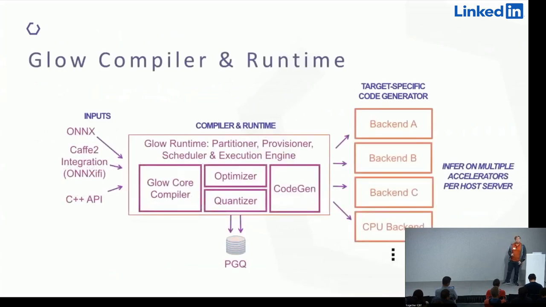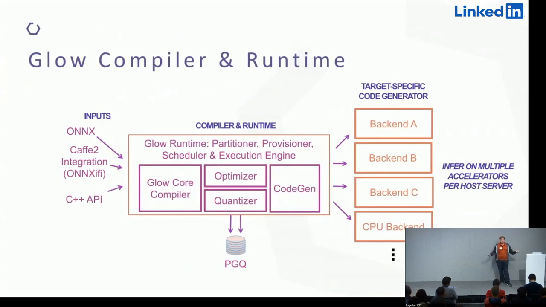So if you look at the architecture of Glow, it looks like a pretty standard compiler. On the one hand, you have your front-end inputs: ONNX, which I think many of you are familiar with, but for those who aren't, it is an open standard for serializing a neural network. You have Caffe2 integration, which is Inixify, more on that later, and we have a C++ API.